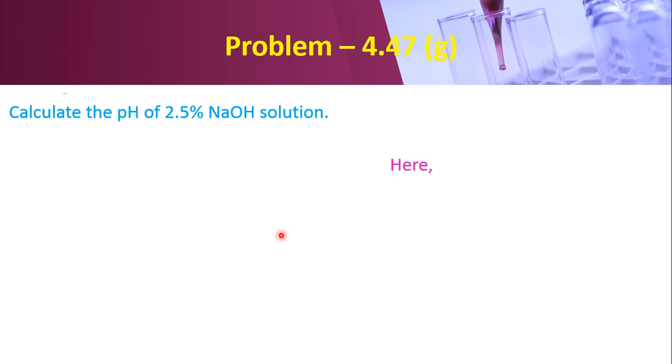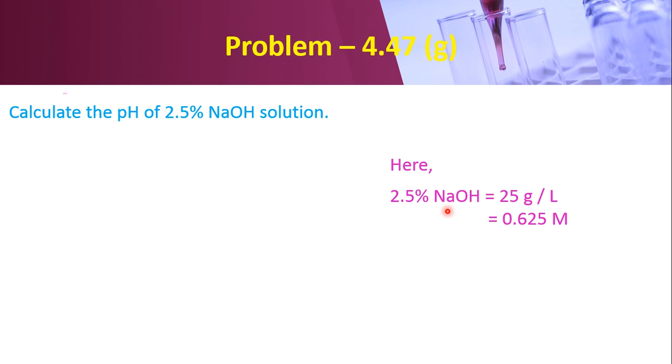2.5% sodium hydroxide means 2.5 gram sodium hydroxide dissolved in 100 ml solution. That means 25 gram dissolved in 1 liter solution. So, we will calculate its molarity. That means we will convert 25 gram to mole. 25 gram sodium hydroxide means 0.625 mole sodium hydroxide.